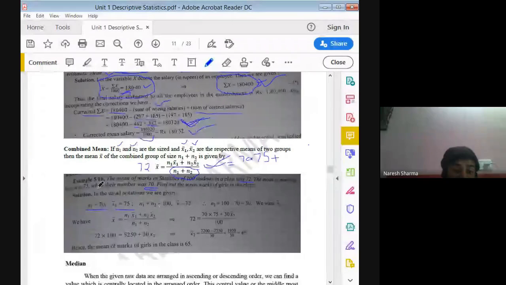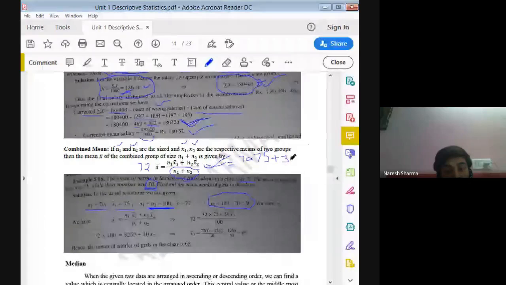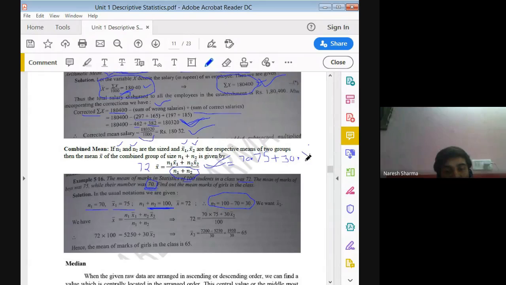If boys are 70, total number is 100, so 100 minus 70 is the number of girls. So n2 is 30. I'm putting n2 in the formula, that is 30, multiplied by their mean, which we assume is x2 bar, divided by the total number, 70 plus 30, which is 100.